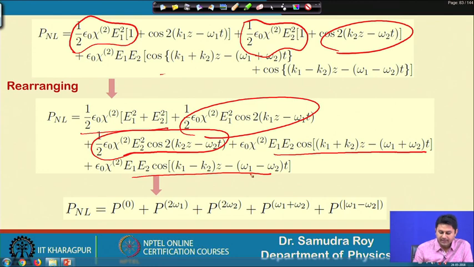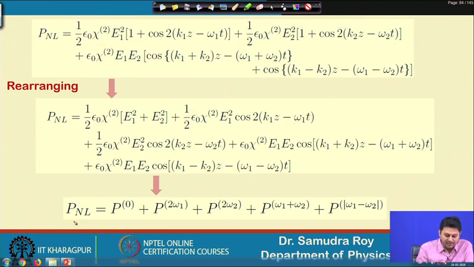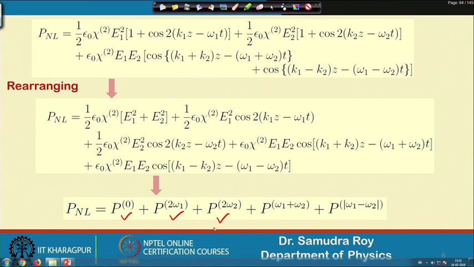So, if I again write these things, we have already written in the previous slide that P nonlinear is now containing a null frequency, a frequency of 2 omega 1, a frequency of 2 omega 2, a frequency of omega 1 plus omega 2, and a frequency of omega 1 minus omega 2.